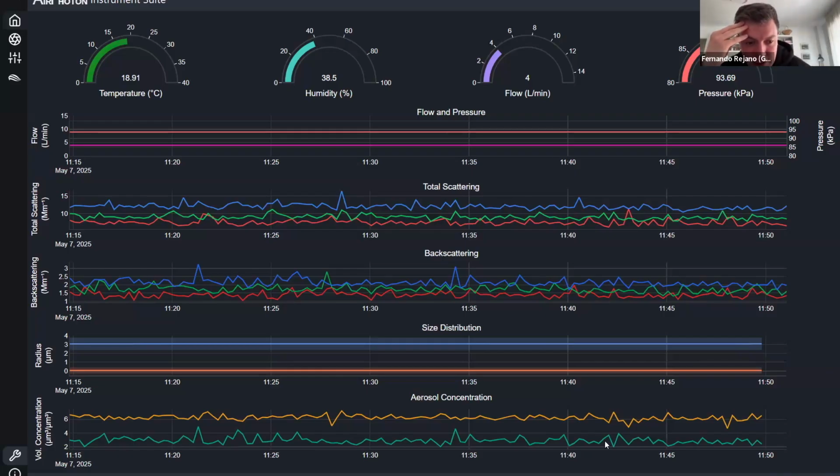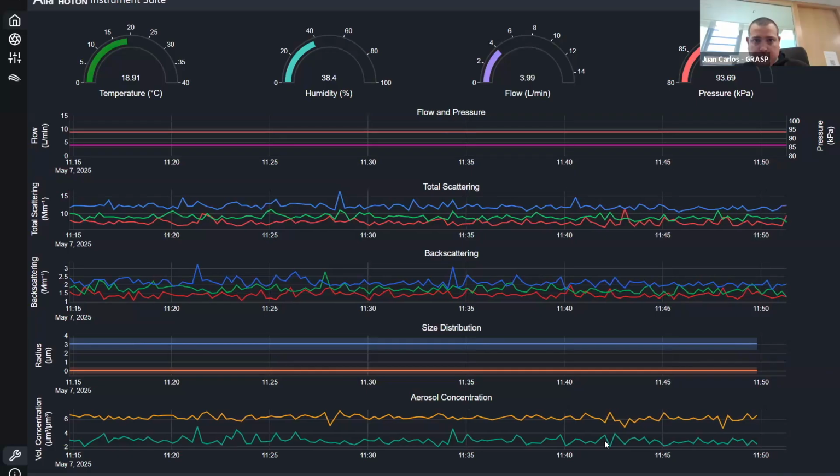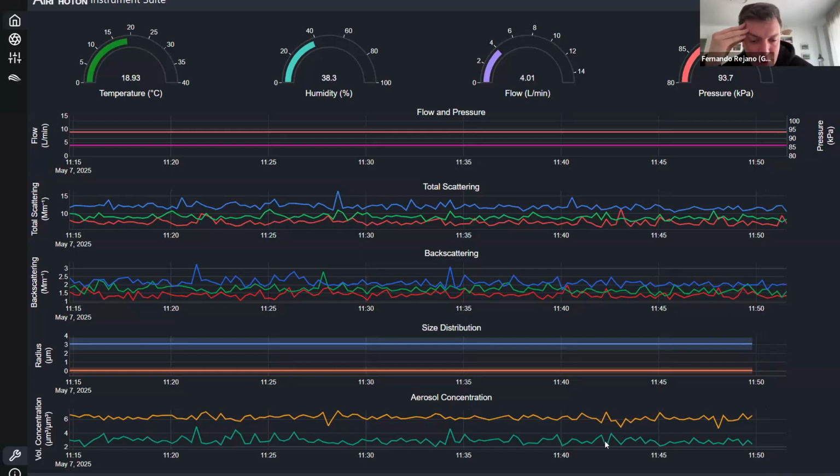But we have to mention that these two main aerosol products that we want to retrieve, which are the median radius of the log normal distribution that we are assuming for the aerosol, and the aerosol volume concentration, are still under development using GRASP, because there are some things that we have to optimize.